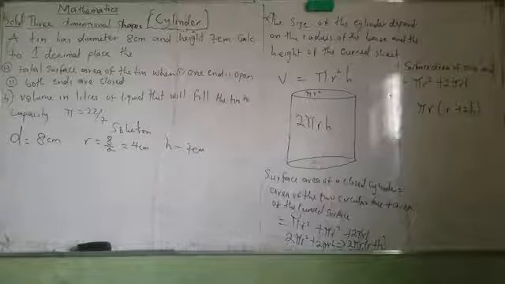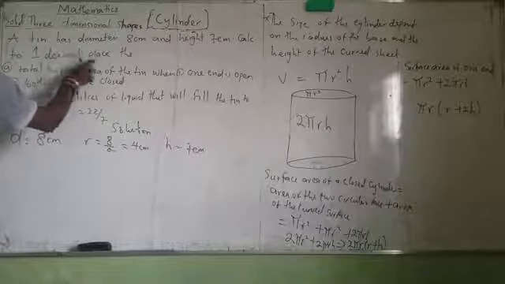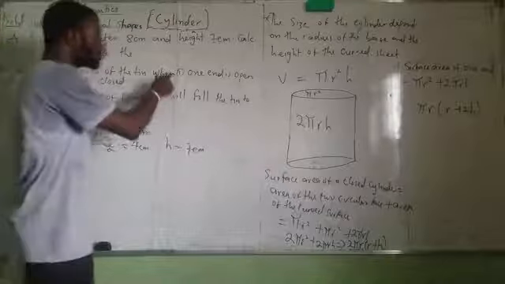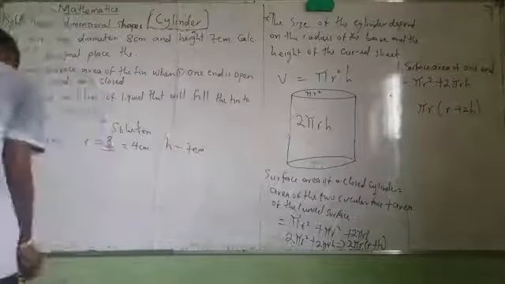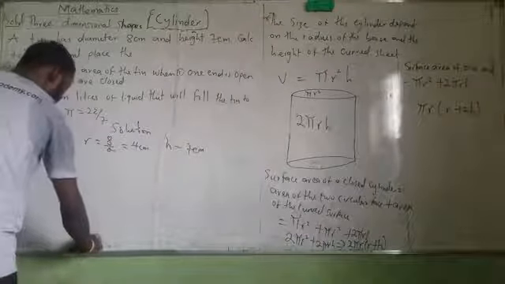The first one is 1. Total surface area of the thing when one end is open. Now, how do I find it when one end is open?